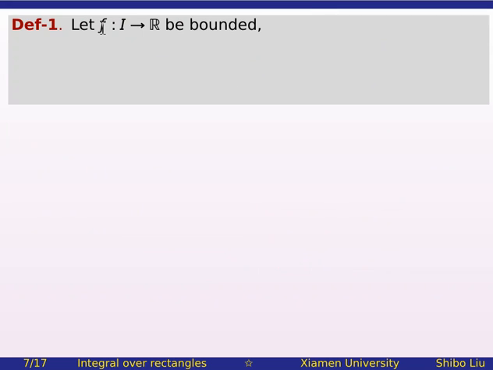Suppose f is a bounded function defined over the rectangle I. Then for every partition P, we compute the lower sum of f with respect to P. Then we get a real number. Then for all these real numbers, we consider the supremum. This is a bounded set of real numbers because f is bounded.